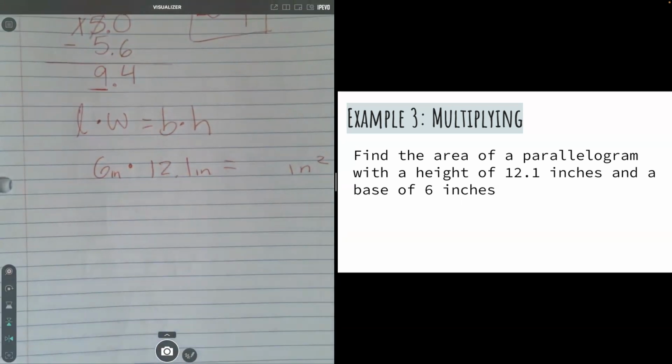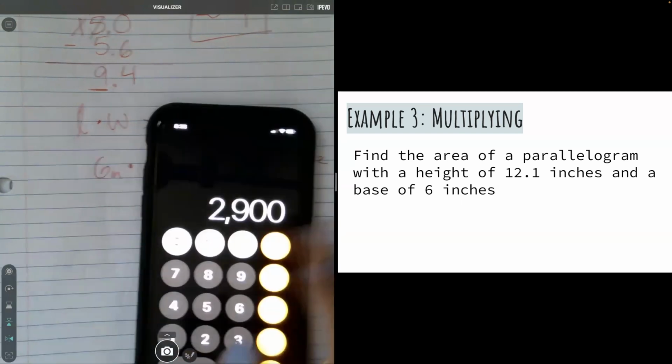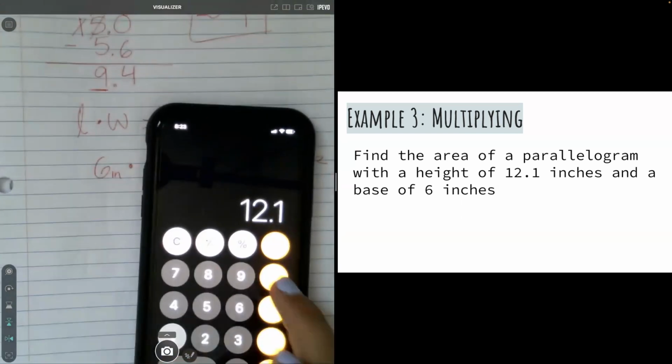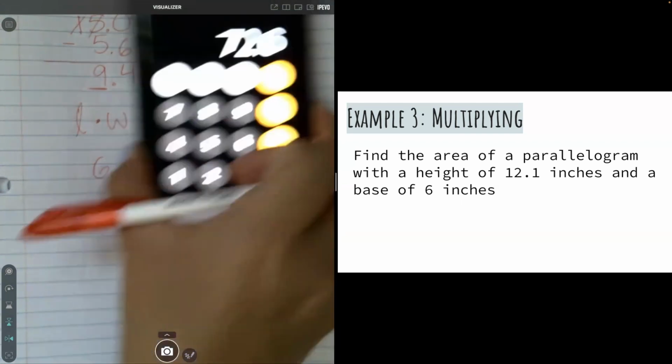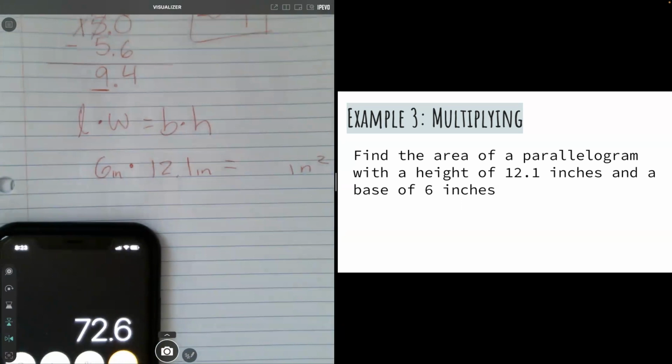So 12.1 times 6, we get 72.6. Let's leave that here for now, 72.6.